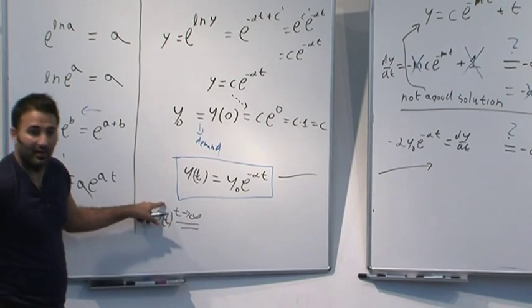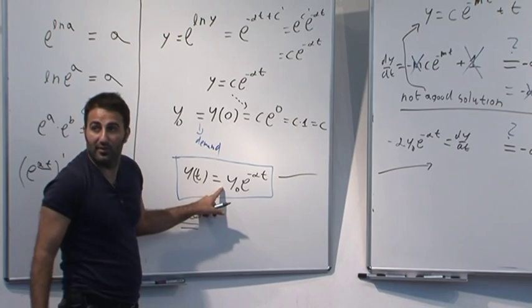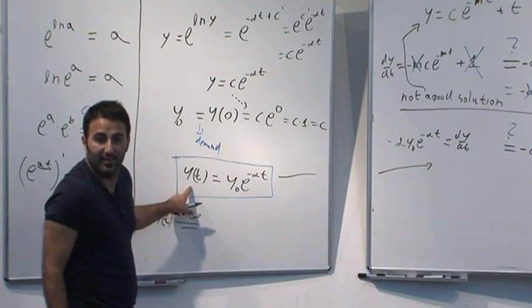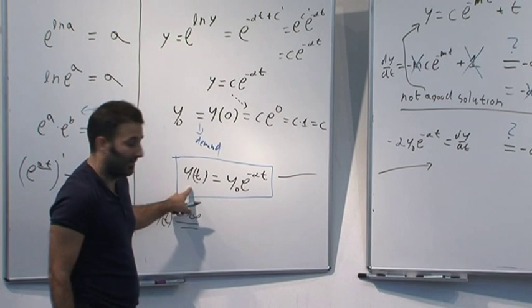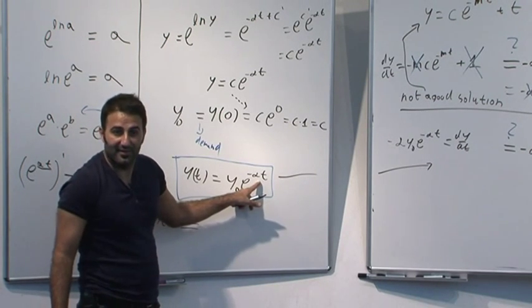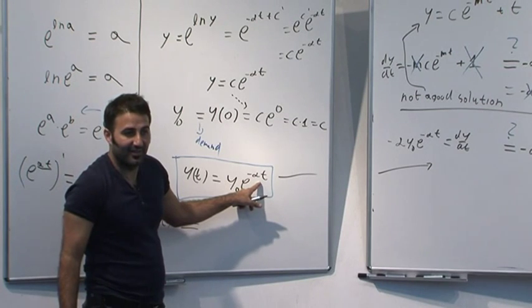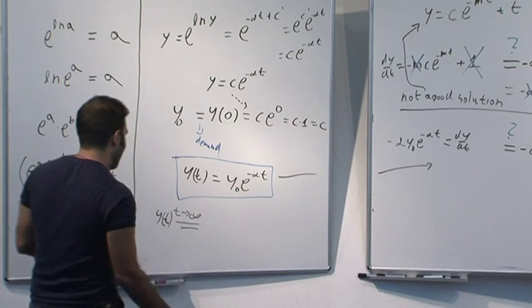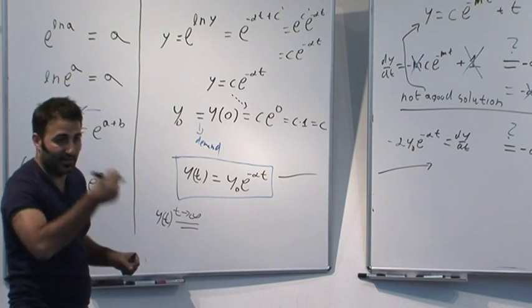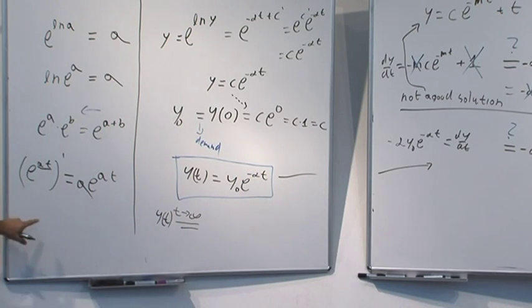What happens to y of 0? Anyone? Is it infinity because it's the power of infinity? Right. Why? Because a negative power is like dividing. Maybe I will write it here also in the rules.